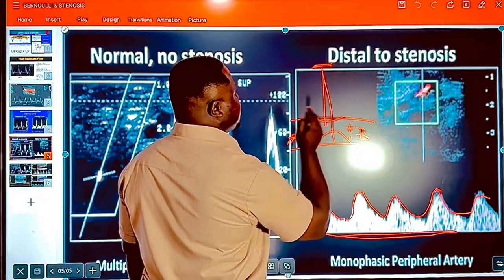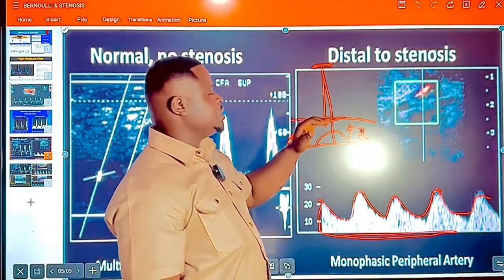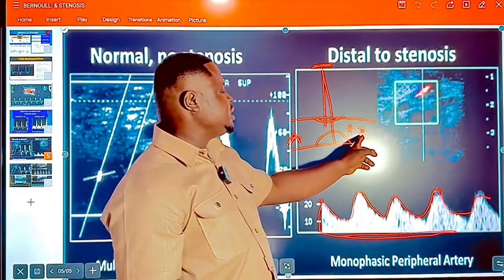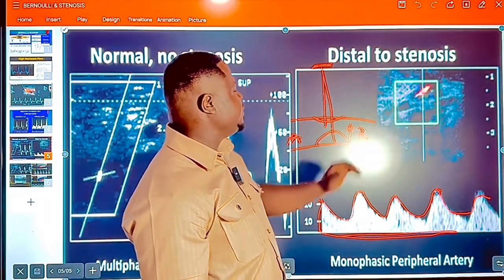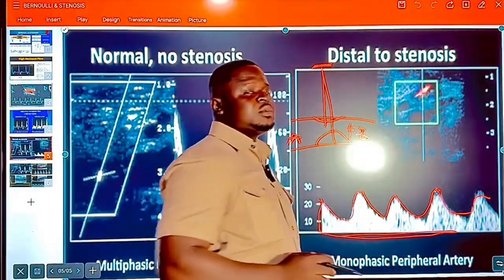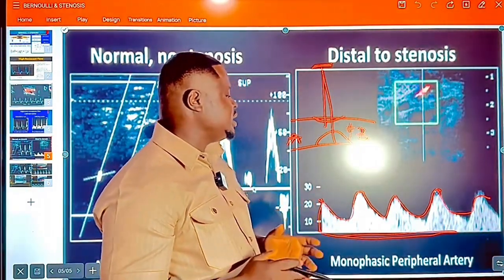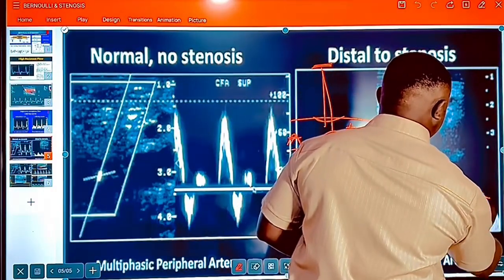So mostly at the point of stenosis, the kinetic energy increases, the pressure drops, right? But after stenosis, the pressure regains strength, but the flow rate becomes what? Very slow. So in most cases, we see a monophasic flow.